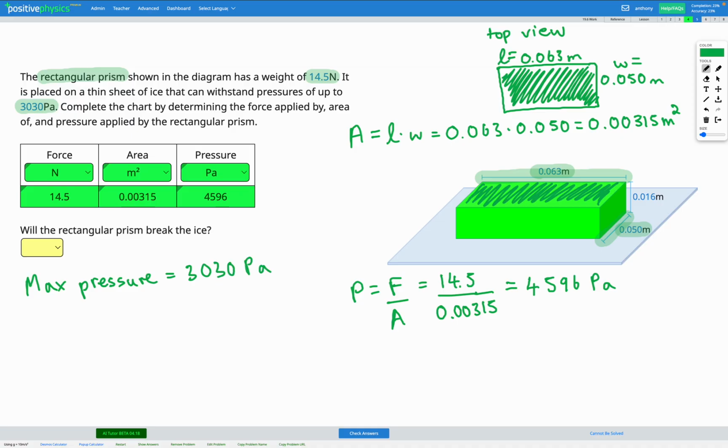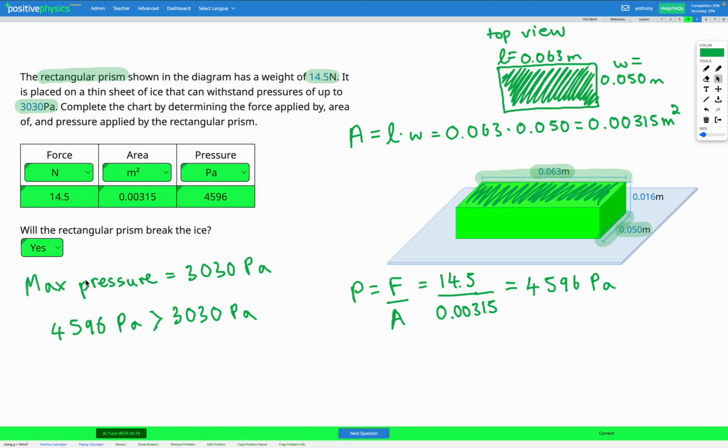Now we just calculated a pressure of 4,596 pascals, which is greater than 3,030 pascals. So based on that, we know our pressure is too high and it's going to break the ice. So will it break the ice? Yes, it will, because our pressure exerted is higher than the maximum the ice can withstand.